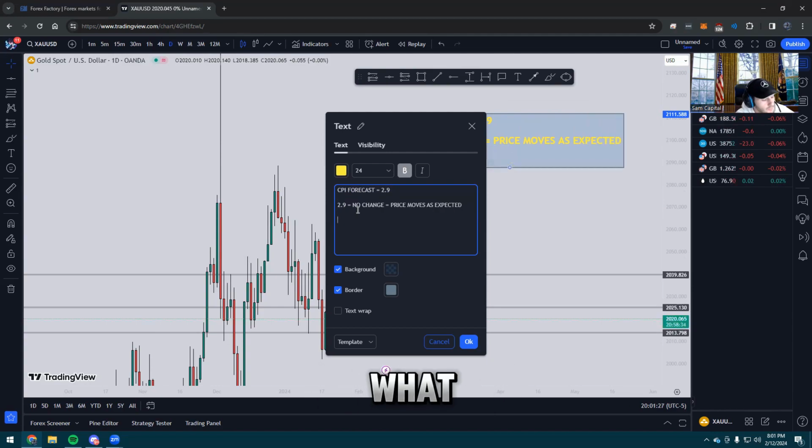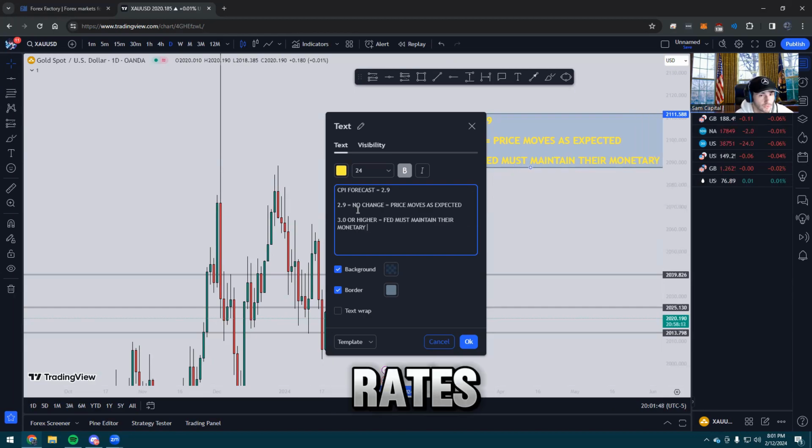So what if we see a 3.0 or higher? What does this mean? If you see a 3.0 or higher, that means the Fed must maintain their monetary policy to keep the rates higher for longer. Because if inflation is still up, they are obviously going to have to keep central bank interest rates higher for longer to combat inflation.